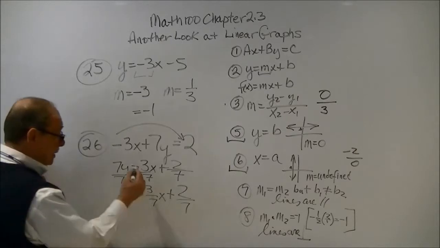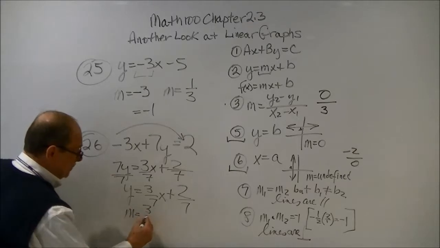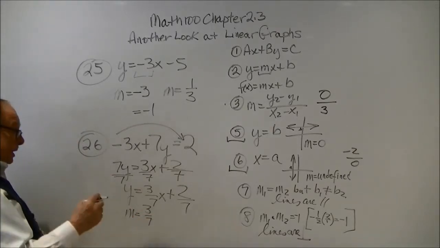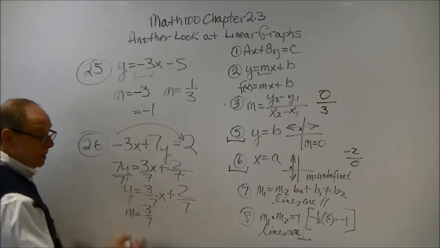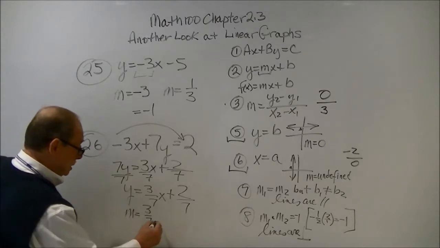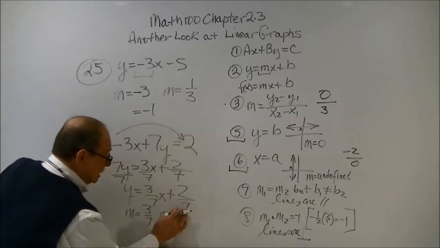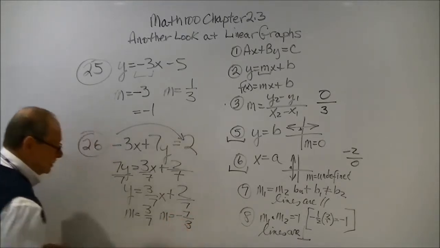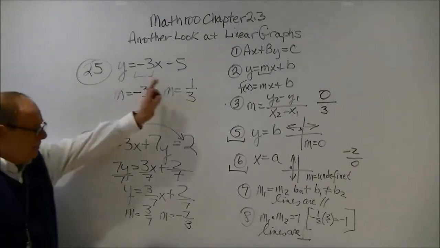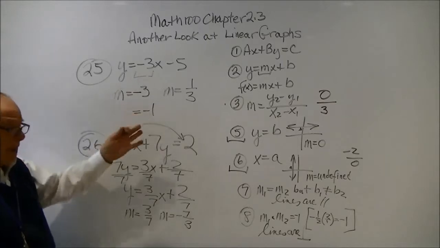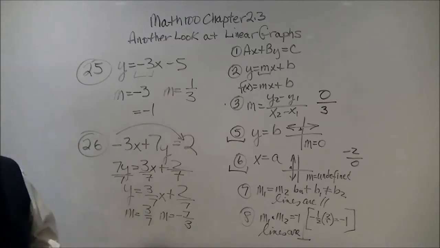So the slope of this equation is 3/7. The slope of an equation that is perpendicular to this would be its negative reciprocal. So that slope would be negative 7/3. And those are the answers. Again, a lot of stuff going on here, but hopefully, again, you can use your notes as your reference. Practice the quiz bees.